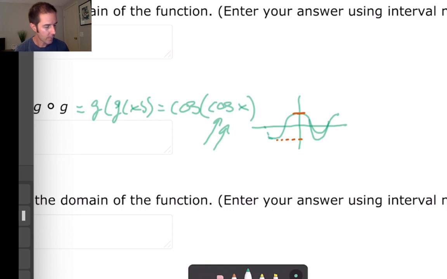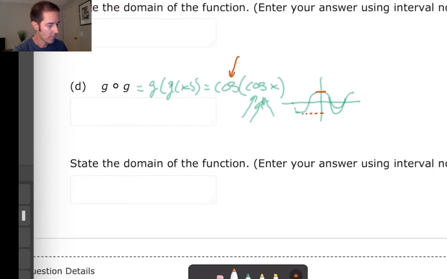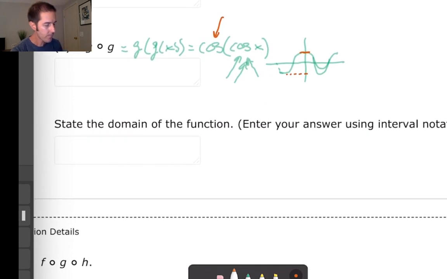So this cosine function is going to output numbers between negative 1 and positive 1. Do you think that this outer cosine function will be able to handle the negative 1 through positive 1 numbers that it has to process? I would say yes, because the cosine function has a domain of all real numbers. So there end up being no restrictions on g of g either. Negative to positive infinity it is.